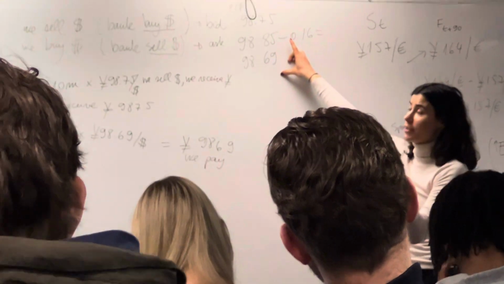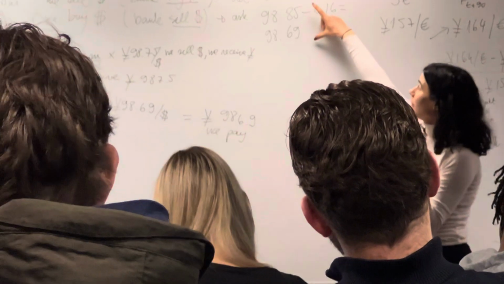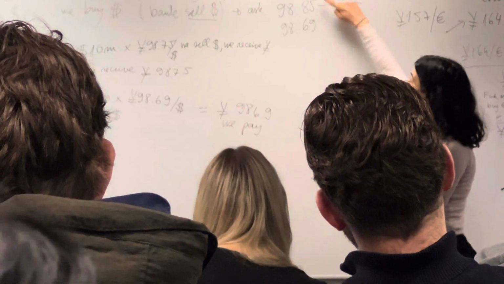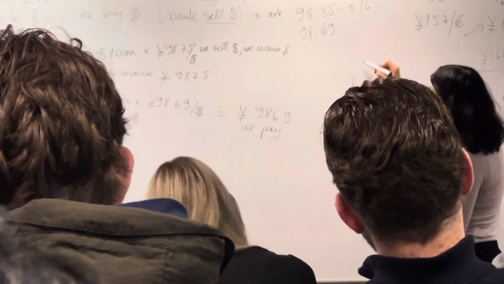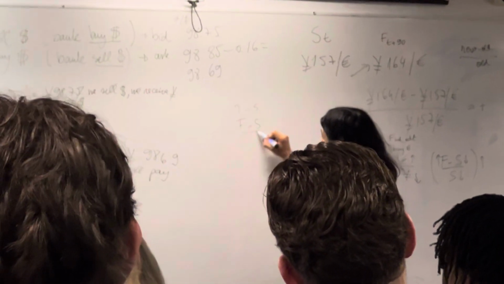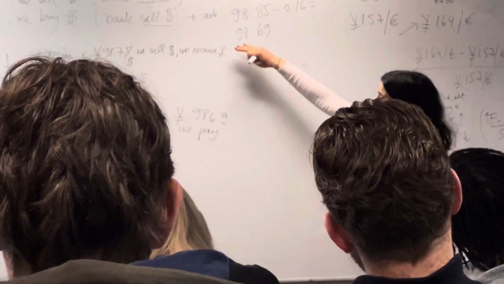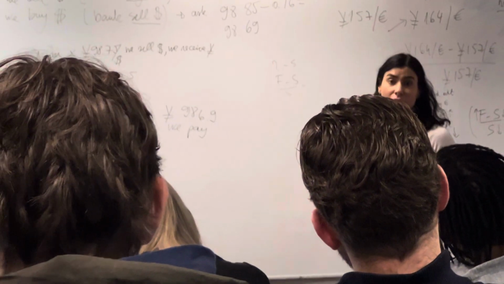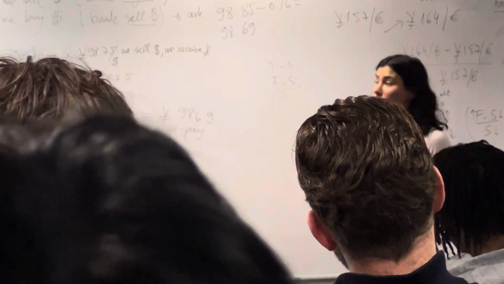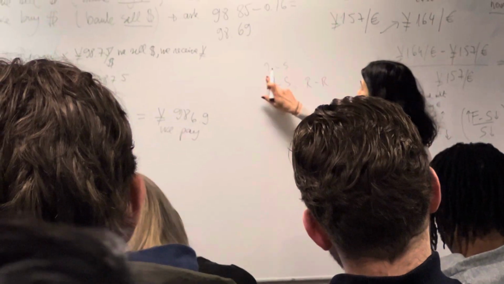Therefore this F will be based on that, so it's like F minus S divided by S. What happens between period 1 and period 2 is the interest rate. Time is money. So F will be priced off this.